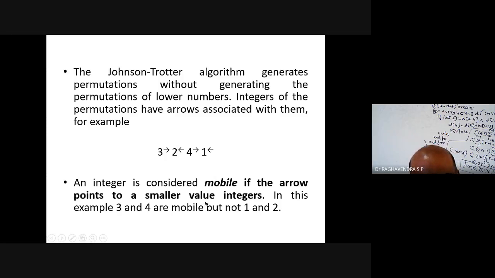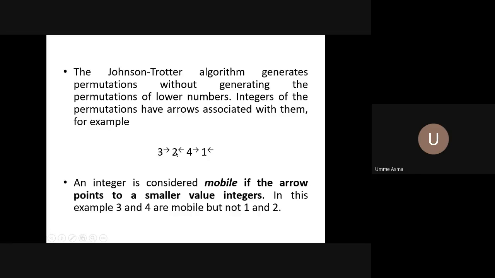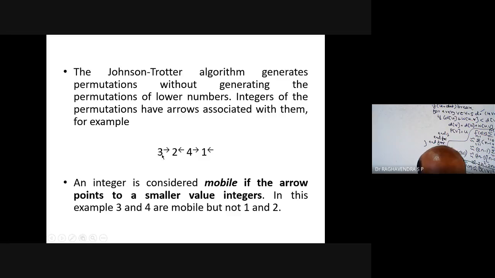Okay, it is logical. We will do this as we go ahead, you will understand. So in this example, 4 is also mobile. Look here, 3 is also pointing to 2, and 3 is greater than 2. So 3 and 4, both of them are mobile.